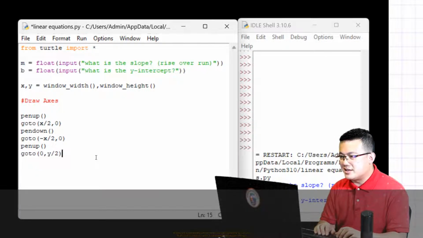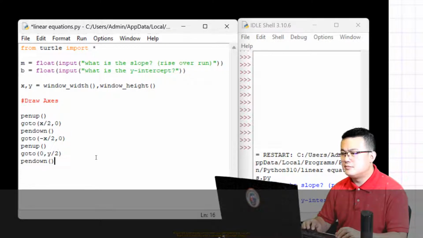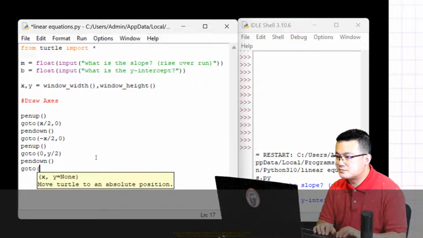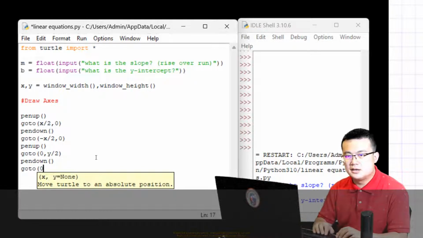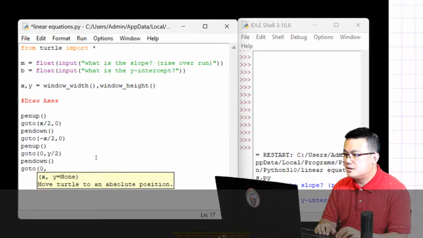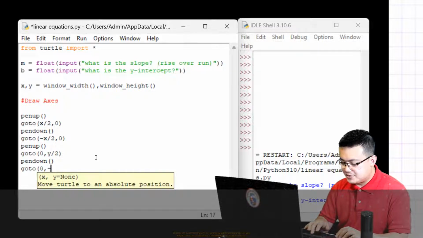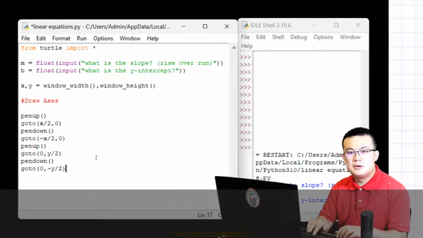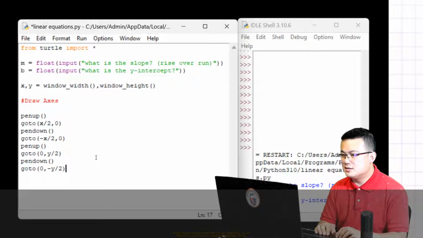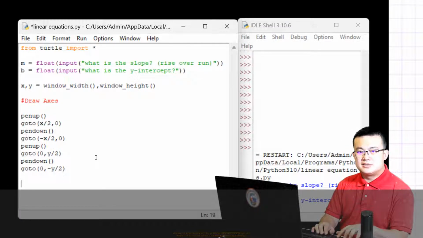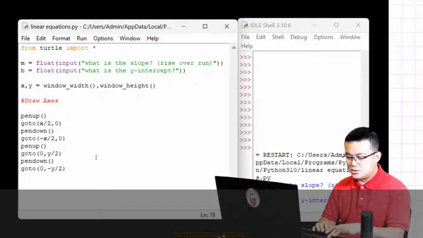So we're drawing the y-axis now. Go to 0, minus y over 2. Okay, so this should draw our axes.